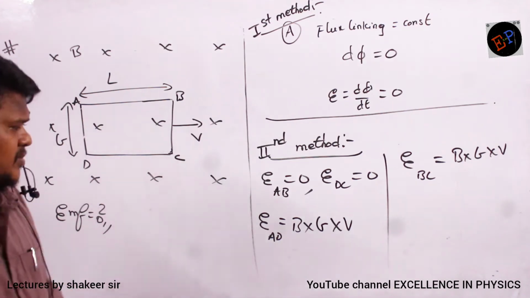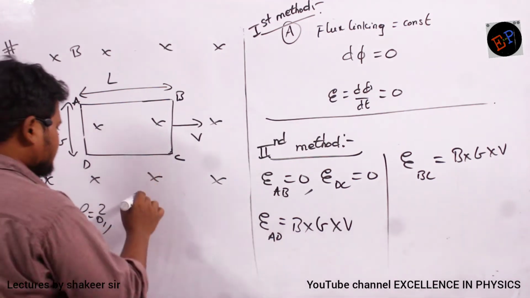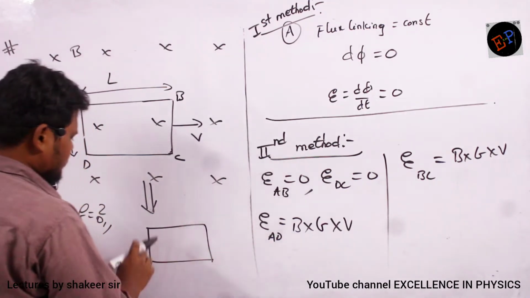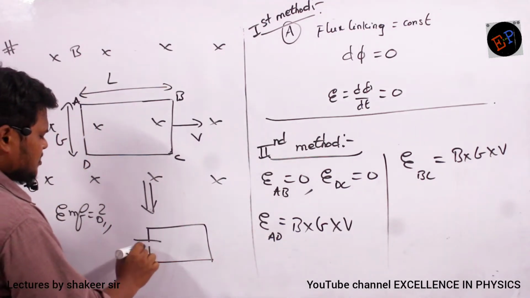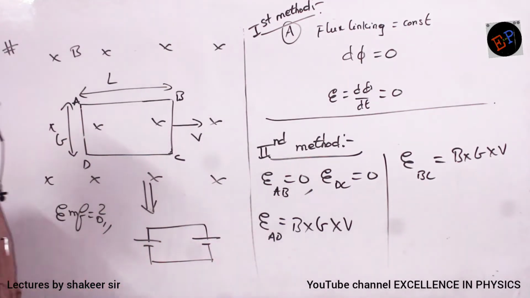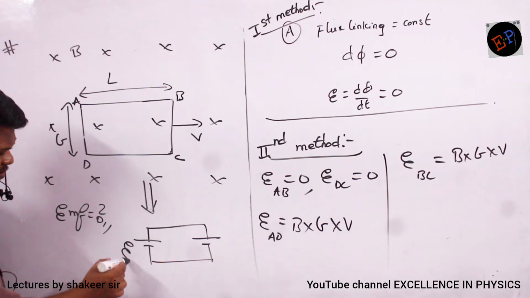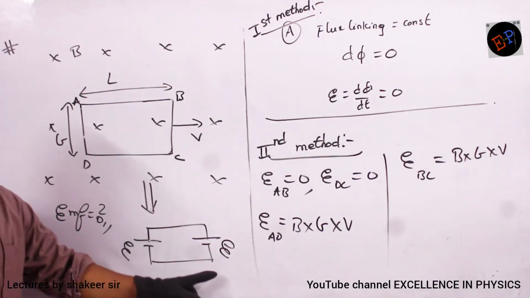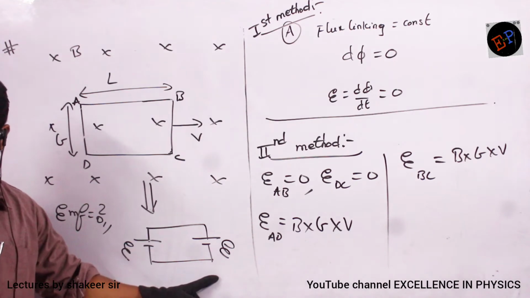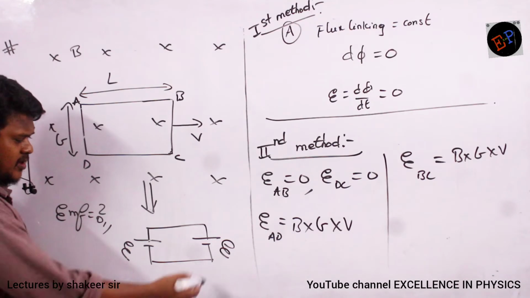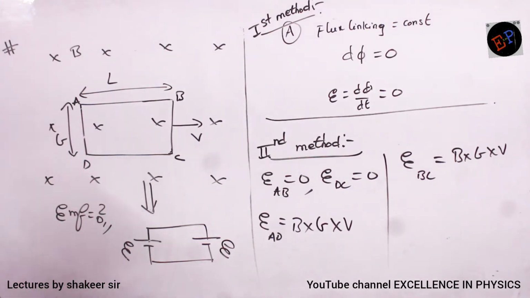See this circuit, how I can draw it. I can draw this circuit like this also. So it is as if a battery is present here and also here. This is a battery of EMF E, and this is also a battery of EMF E. They are connected in opposite polarity. Are you able to understand? Positive is connected to positive, negative connected to negative, so the total EMF becomes 0.